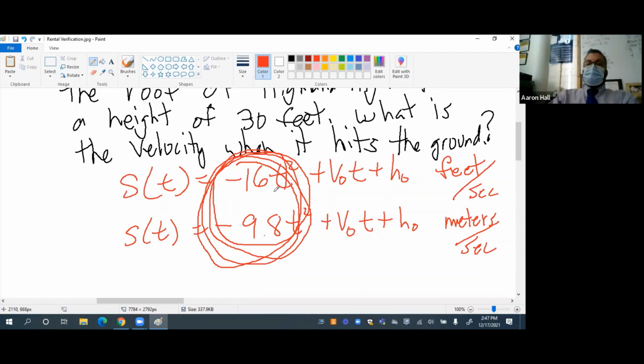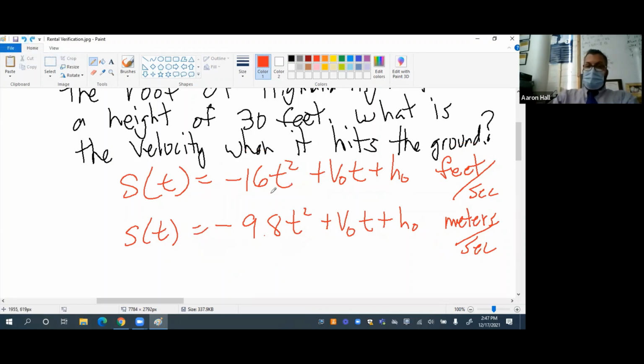These both represent gravity, either in terms of feet or in meters. Gravity is a vector. Gravity points in what direction? Down. So the negative is in reference to our vector pointing downward. Okay, we're going to use the first one.